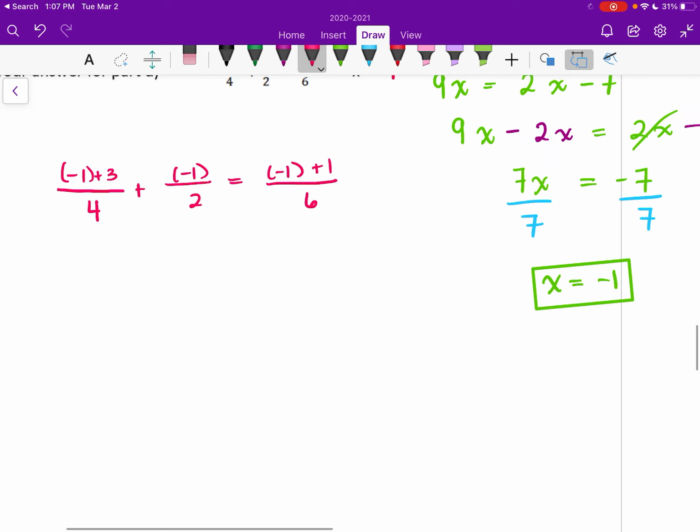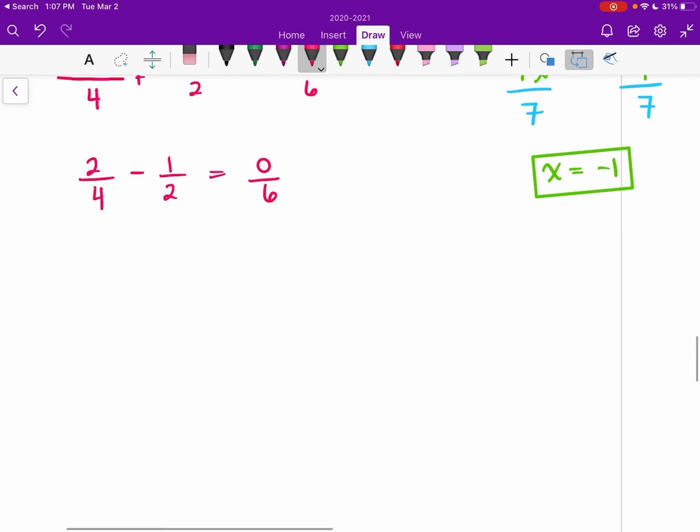Negative 1 plus 3 gives us 2 over 4, plus negative 1 over 2, equals negative 1 plus 1, which is 0 over 6.